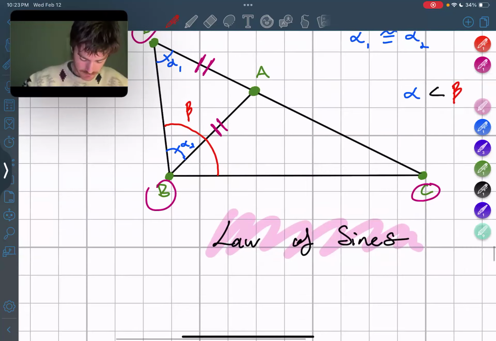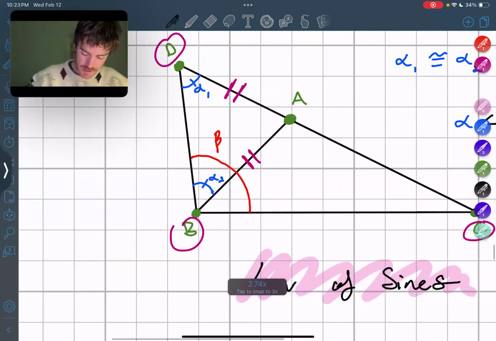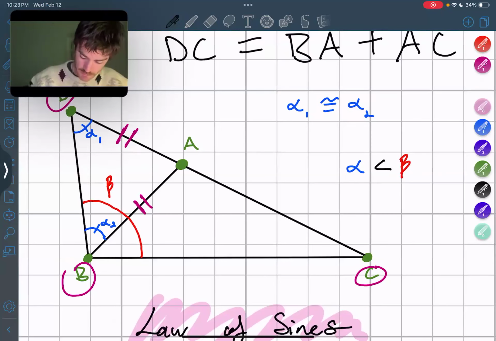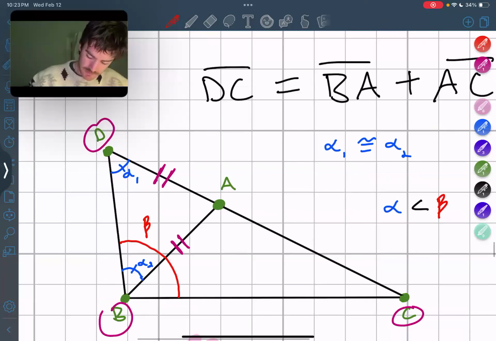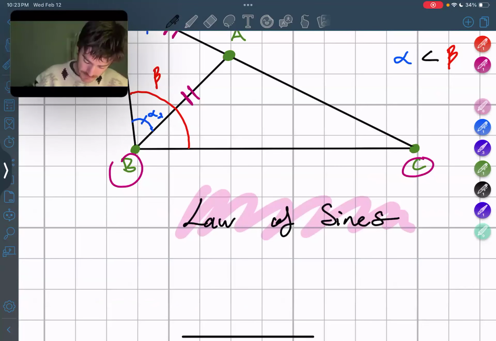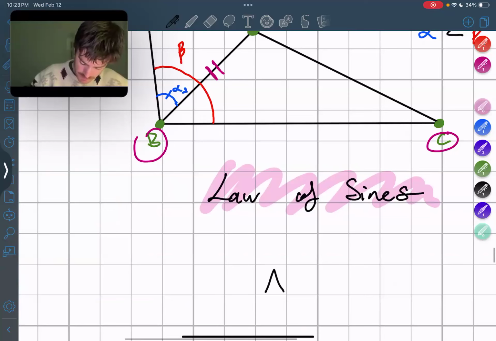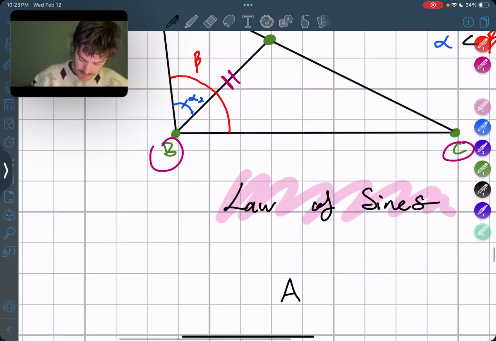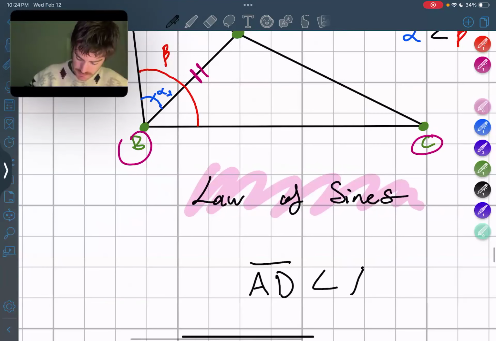A better way to understand that is because angle alpha over here is less than angle beta, we know that the side associated with angle alpha, which is going to be AD here, is going to be less than the side associated with angle beta, which is going to be DC. So let's write this out. We get that AD is less than DC.